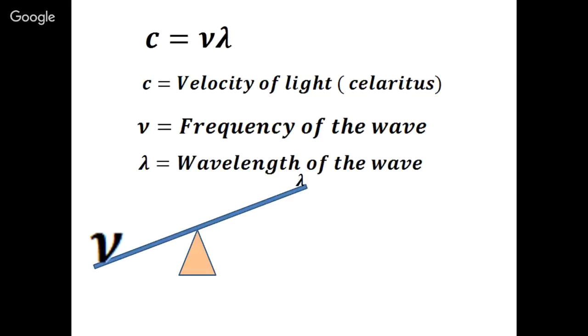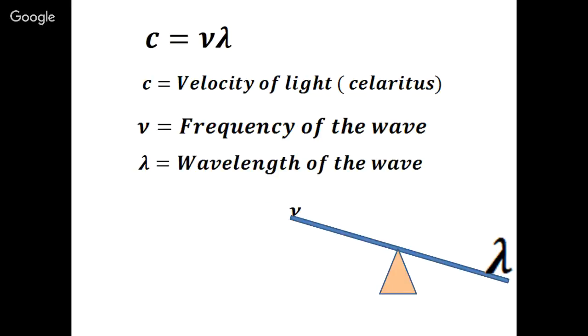We cannot think of both being a higher value; when one increases, automatically the other one decreases. So I've given you an effect, thereby you can remember this. When nu increases, lambda value will be very small. On the other hand, when lambda is very large, nu will be very small.